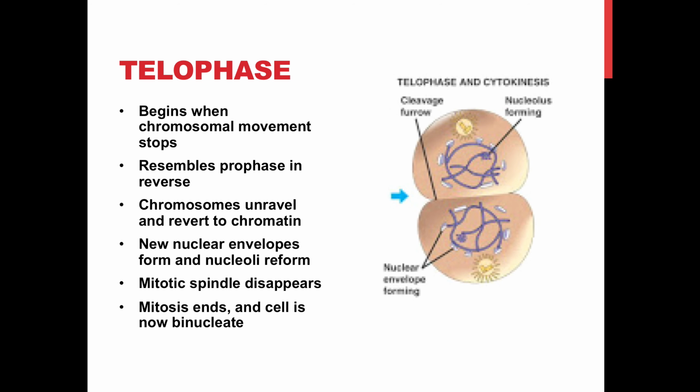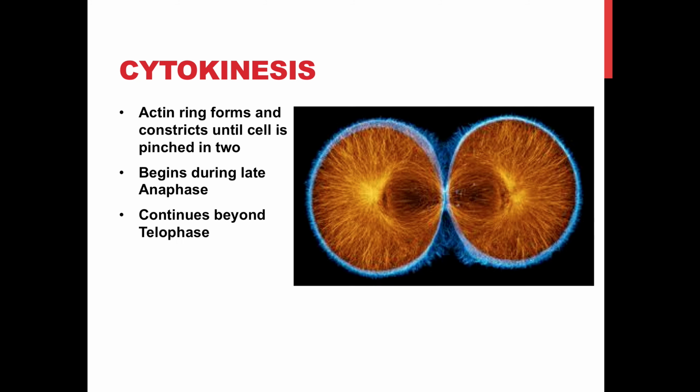It's still attached, so it's two identical cells that are still attached in the middle. But the cleavage furrow is formed. You can start to see where it's starting to pinch off. Okay? That leads into our next step, cytokinesis. This is when that actin ring we were talking about forms and constricts until the cell is pinched in two. This begins during late anaphase and continues beyond telophase.